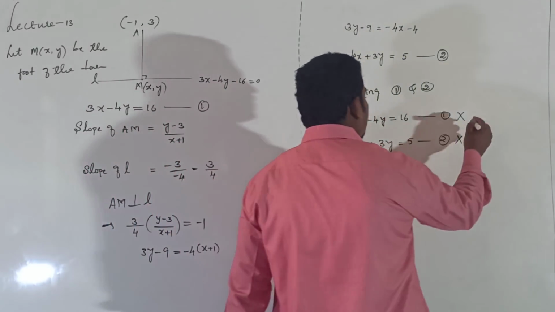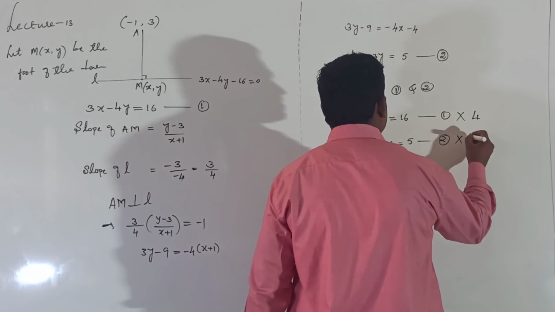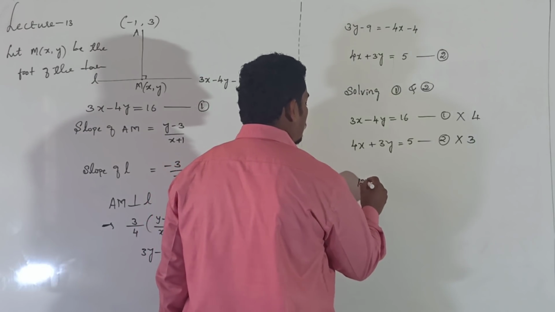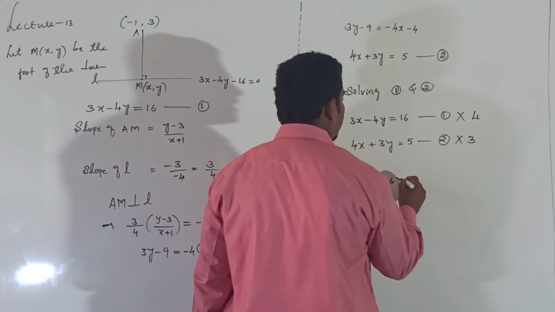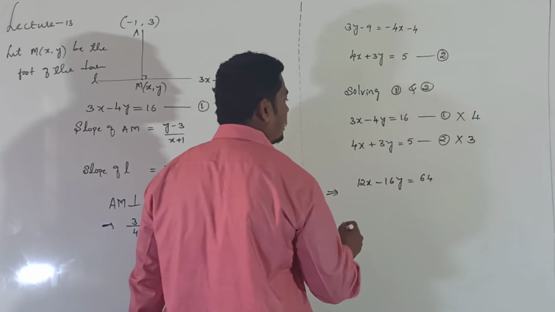Multiply equation number 1 by 4, and then the equation becomes 12x minus 16y is equal to 64, right?